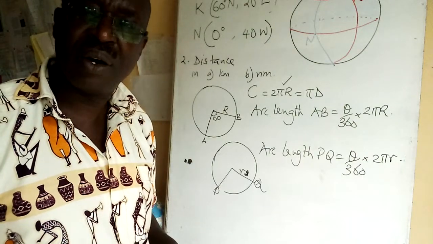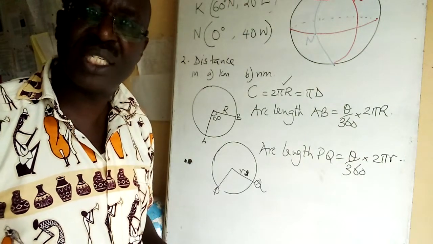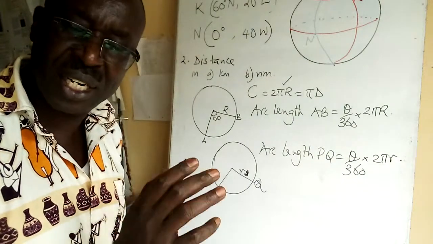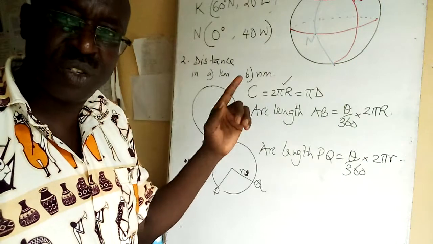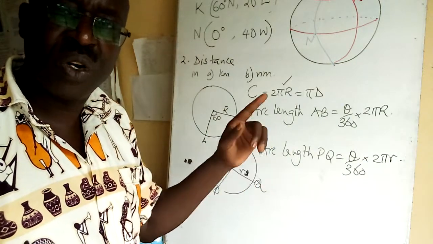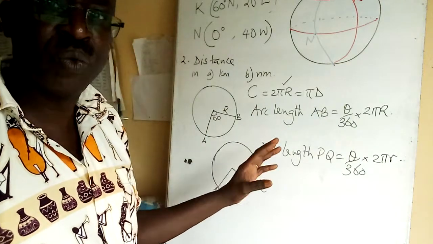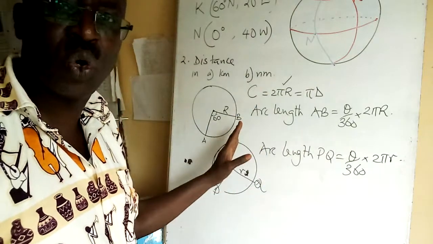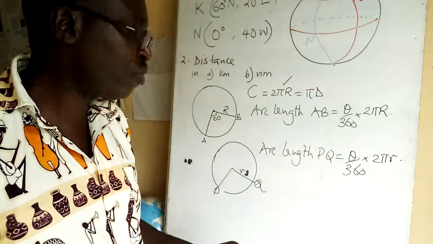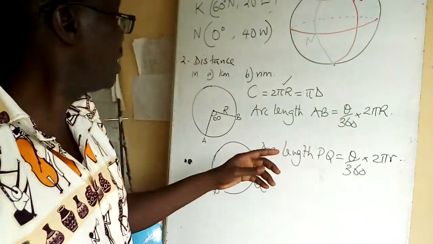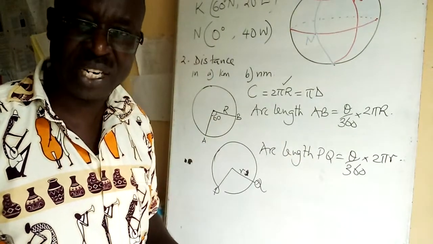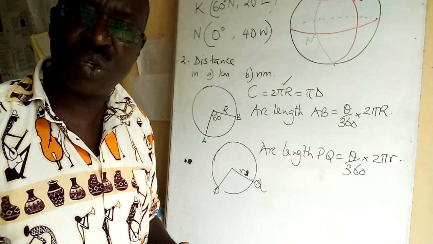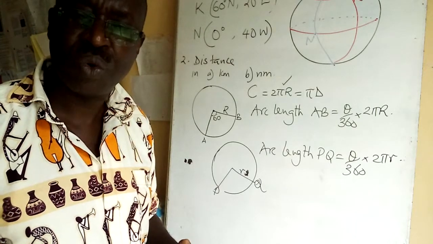Now, in our next lesson, we shall see. This is lesson 1 of longitude, latitude. So we shall do lesson 2, so that we now look at details of distances in kilometer and distances in nautical miles. So as I conclude, what do you need to know?